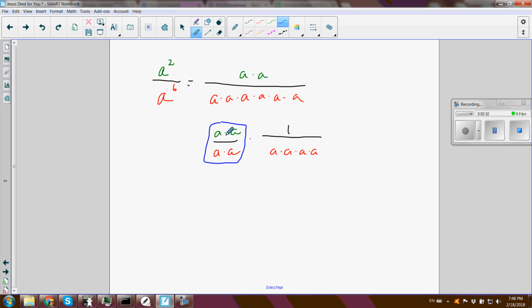A times a over a times a, that's 1 again, but we end up with 1 over a to the 4th. Because there are 4 more factors of a in the denominator than there were in the numerator. So you end up with those extra 4 factors of a in the denominator after canceling out has taken place.